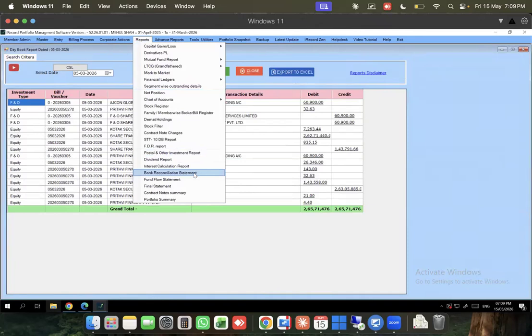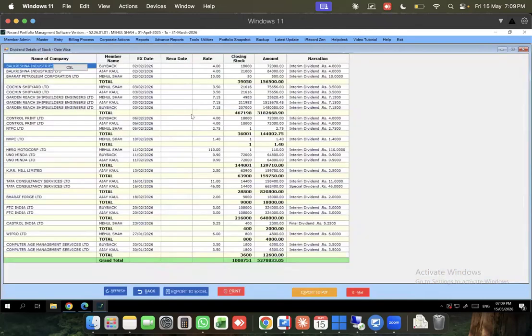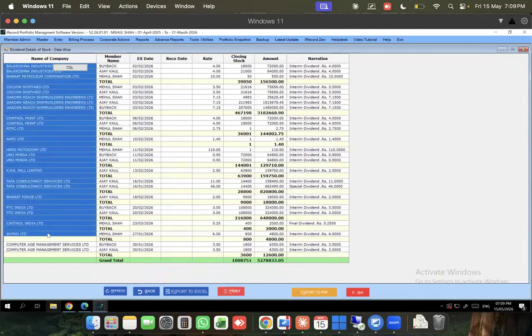And lastly, coming on, we also have a bank reconciliation statement for you to reconcile your BRS. And we also have dividend reports to track your total dividend on accrual basis, gross of TDS level. So it is totally automated. All the members will be shown with all the scripts that amount is yet to be received in your bank.